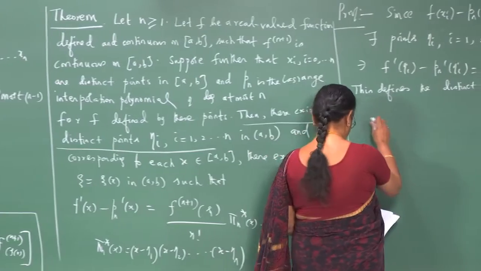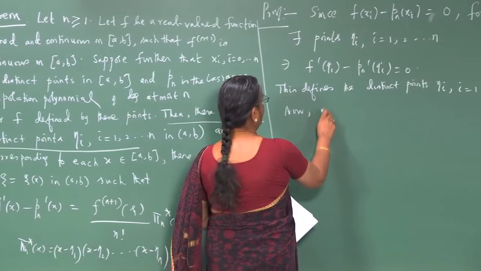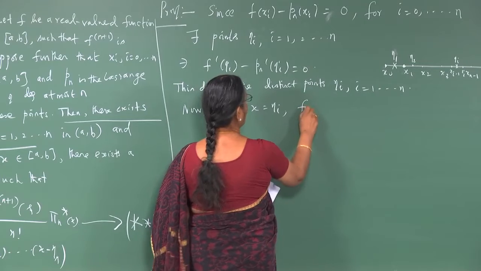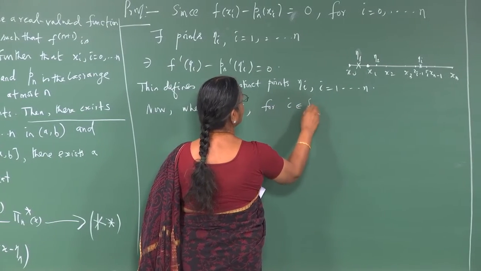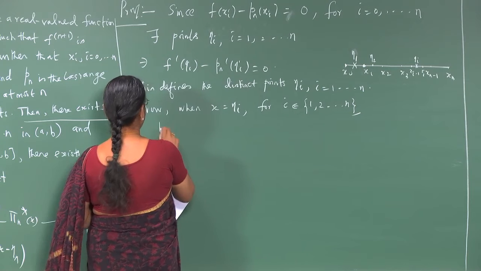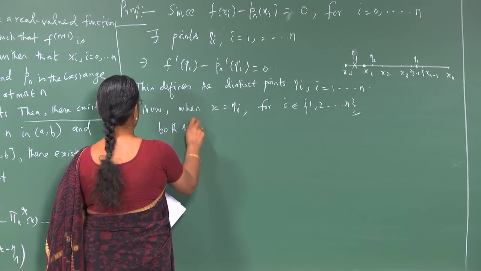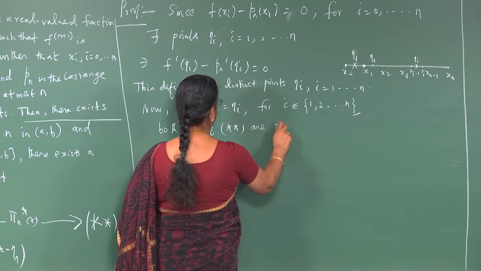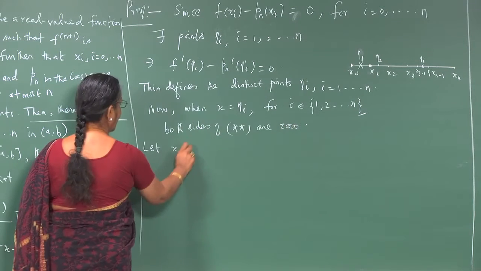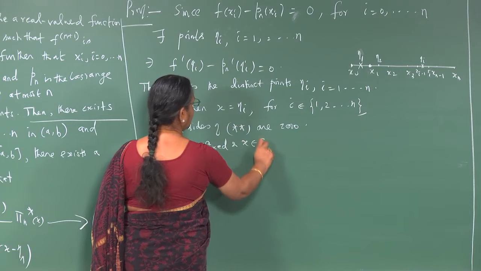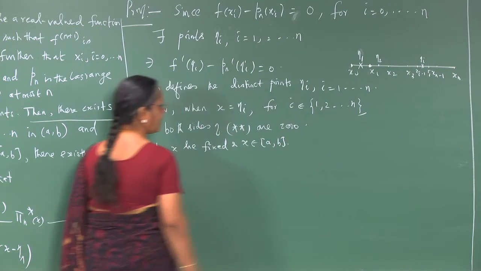So, let us write down this result. Now when x is equal to eta i for i belonging to the set 1, 2, 3 up to n, we observe that both sides of double star are 0. Let x be fixed and x belongs to the closed interval a b.